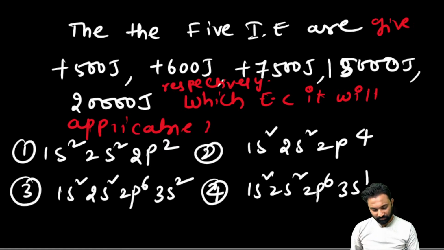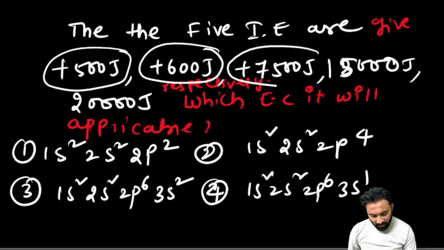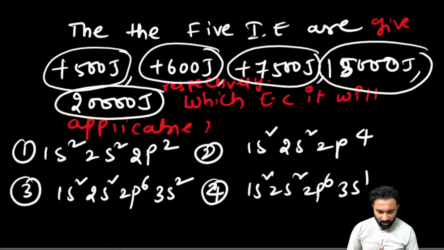Now you say: the first ionization energy requires 500 kilojoules of energy, second one 600, third one 7500, fourth one 15,000, and fifth one 20,000 joules respectively.